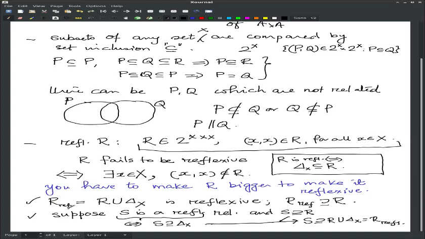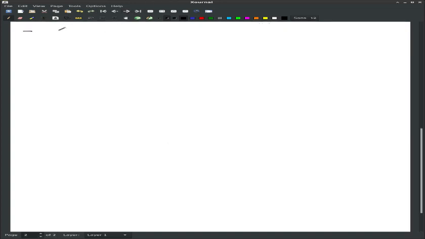So do you get it now? What did I want to assert by saying the smallest? Right? Is it clear? Yes.